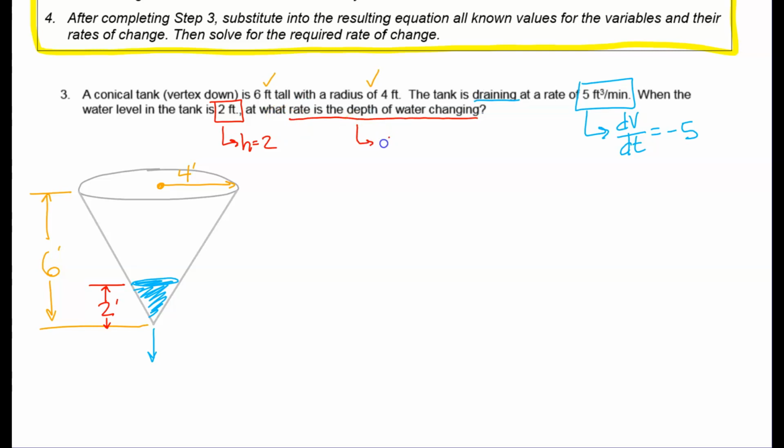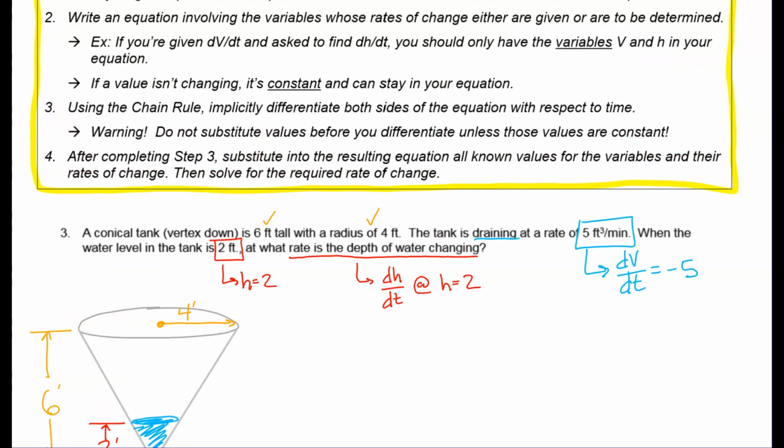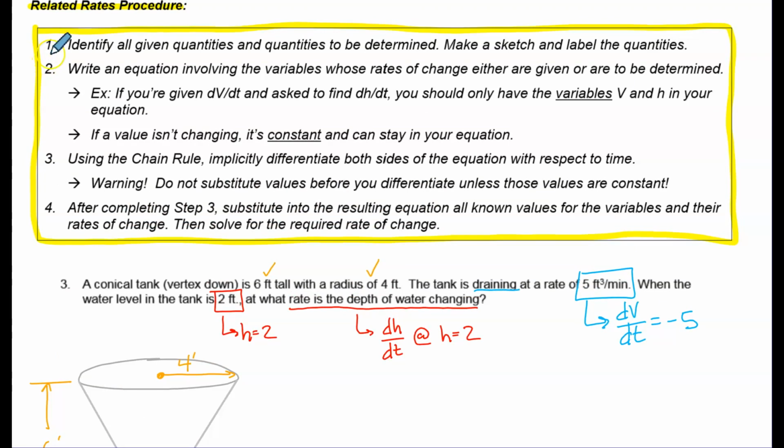Well, that is dH/dt. We have to find dH/dt at h equals 2. That's the quantity we have to determine. So let's go back up and check our procedure. We've taken care of step 1. Identify all given quantities and quantities to be determined. Make a sketch and label the quantities. So we're done with that.